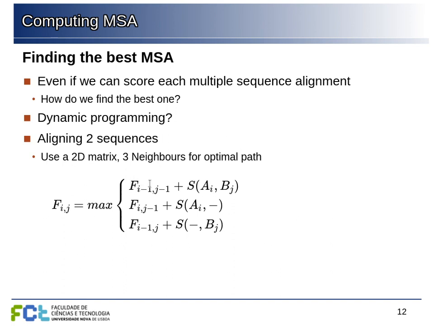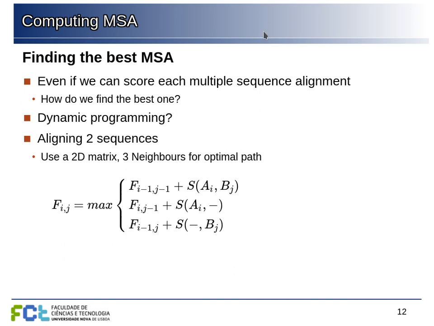In each cell of the matrix, we find three possible moves coming from the diagonal, where we match the two symbols, or from the top or the left, where we match the symbol of one sequence with a gap. So this would be for two sequences where we have a two-dimensional matrix, and we need to consider the three neighbors of each cell to compute the matrix with the scores for all the possible alignments.